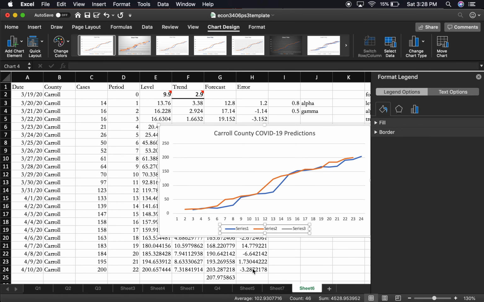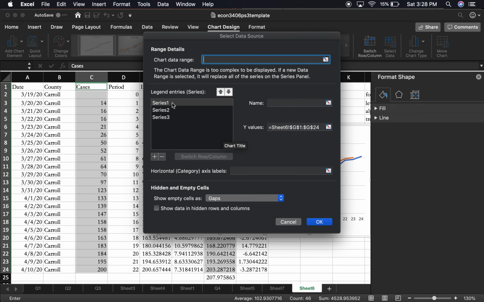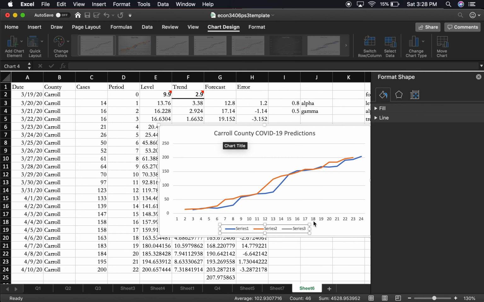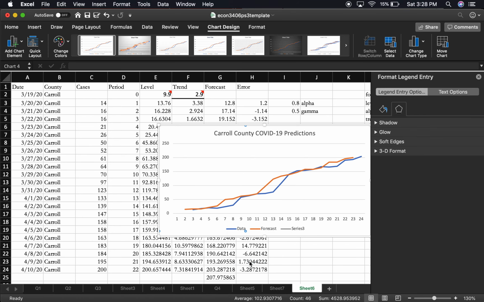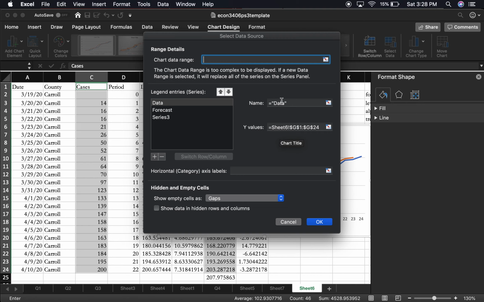And we can clean up the data a little bit too. We can give the data a name. I think I have the data in the forecast. Let's go back and select the data again. I think I flipped them here.